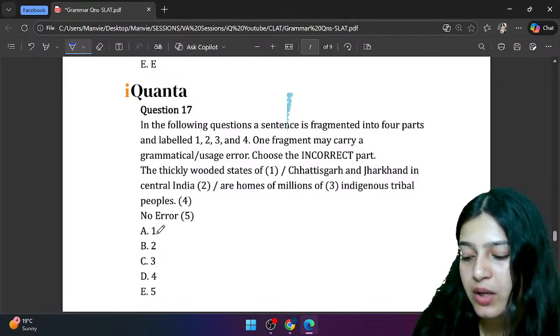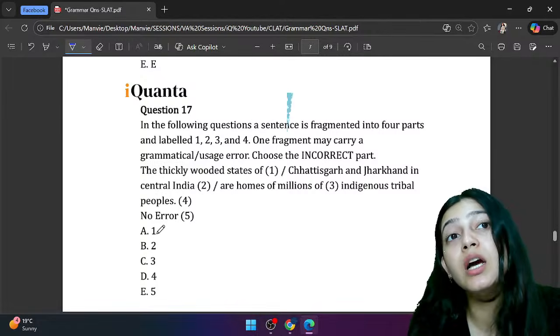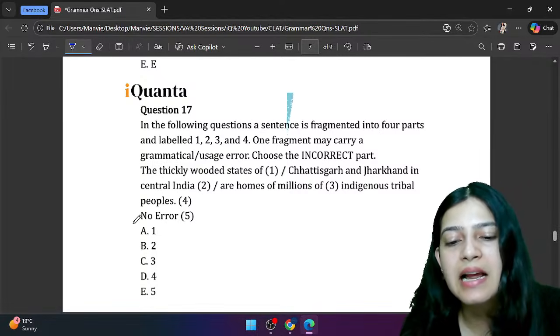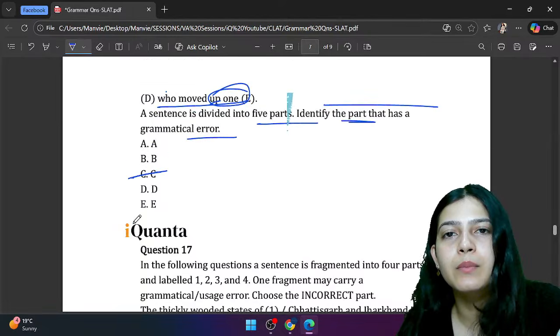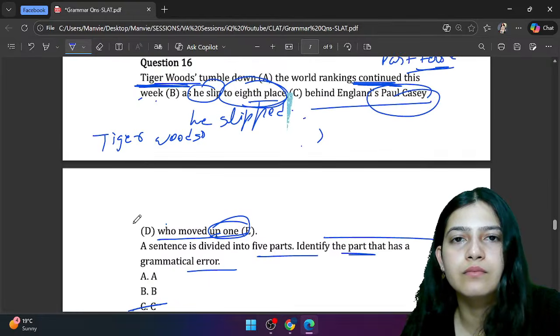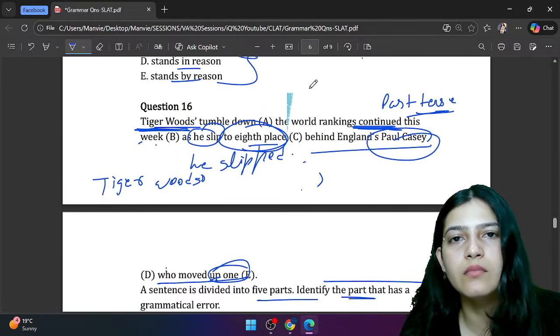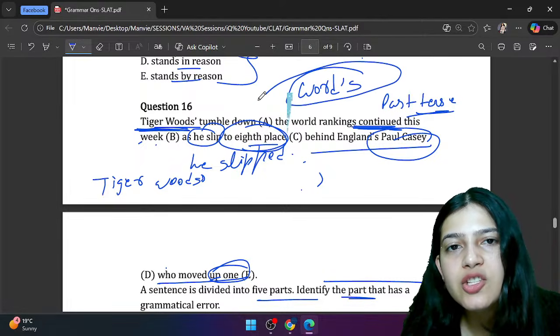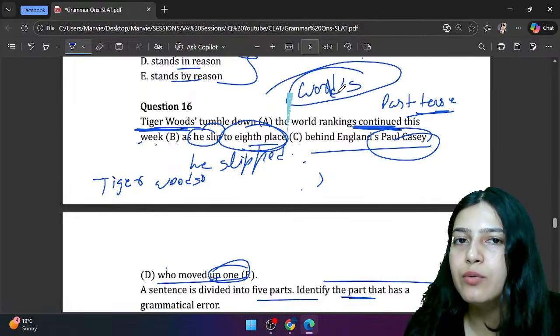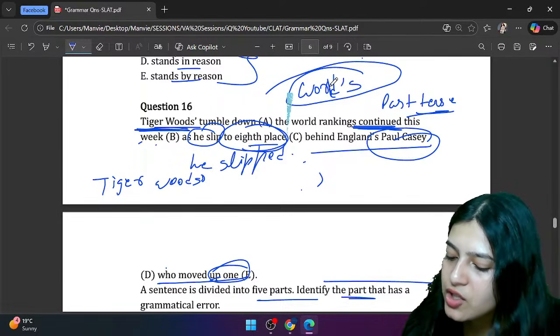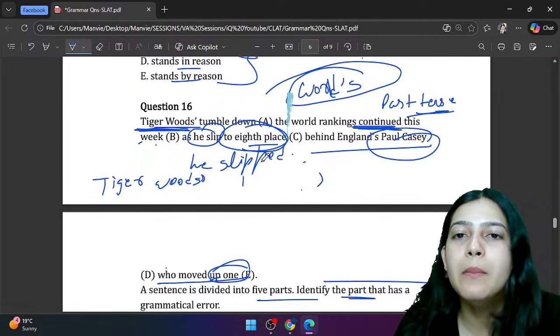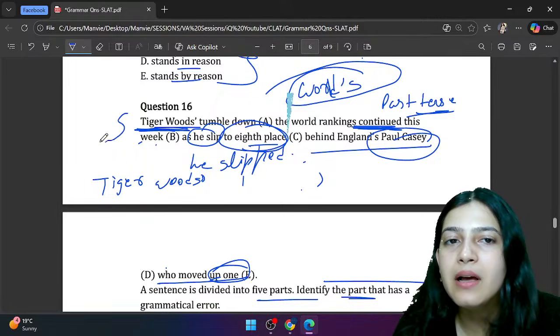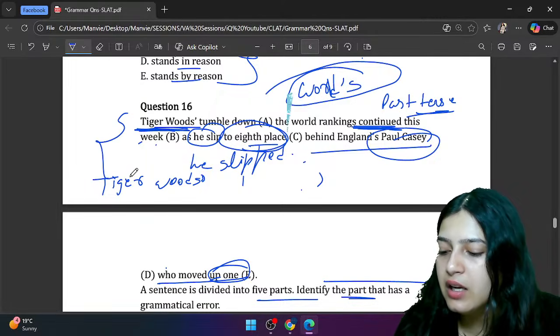If you write world's ranking, you're specifically mentioning the world's ranking, but we are talking about a game here, right?